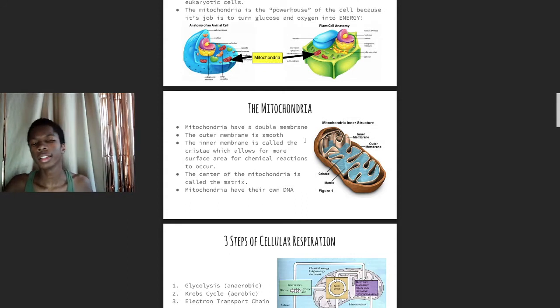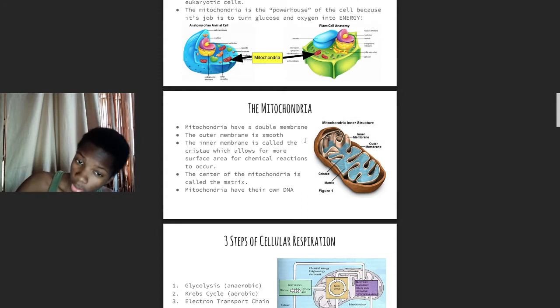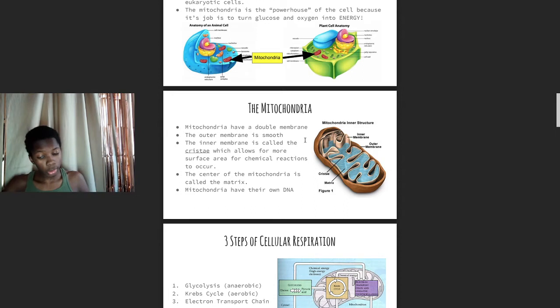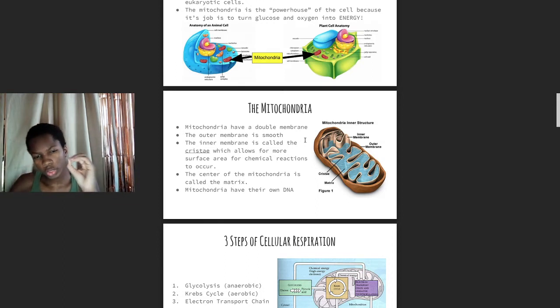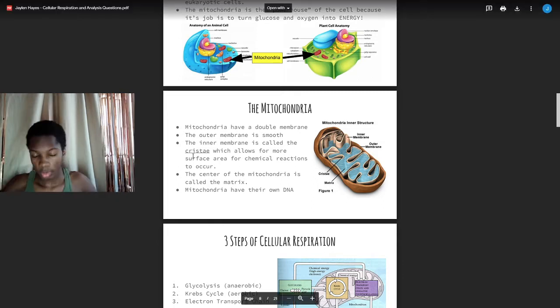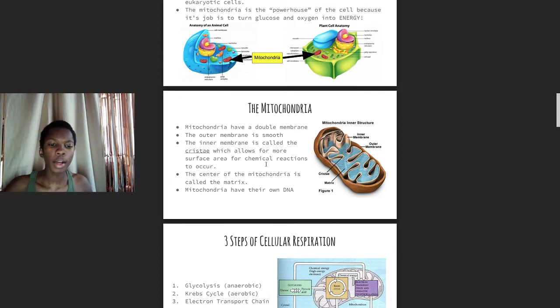Mitochondria have a double membrane. The outer membrane is smooth. The inner membrane is folded, which allows for more surface area for chemical reactions to occur. Boom!